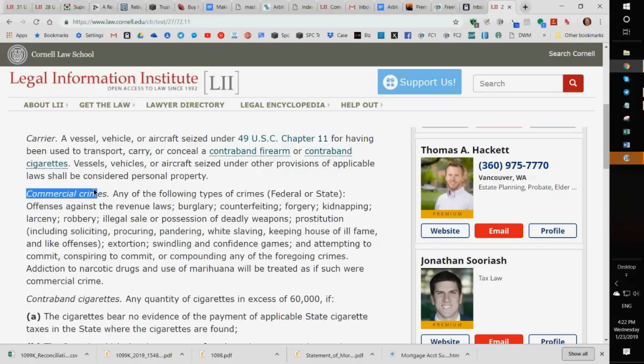But here's the big one: commercial crimes. Any of the following types of crimes, federal or state. Okay, start there. Offenses against the revenue laws. Ooh, you're offensive. Burglary, counterfeiting, forgery, kidnapping, larceny, robbery, illegal sale of property of deadly weapons, prostitution, including solicitation, procuring, pandering, white slaving.